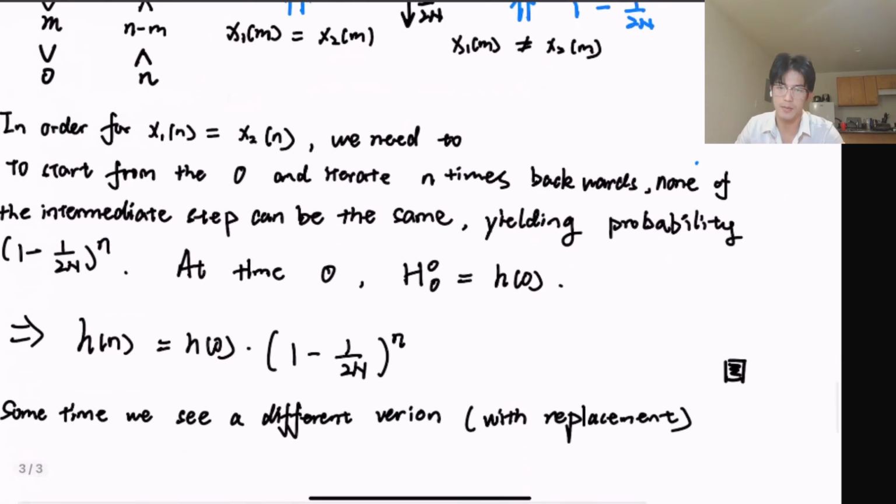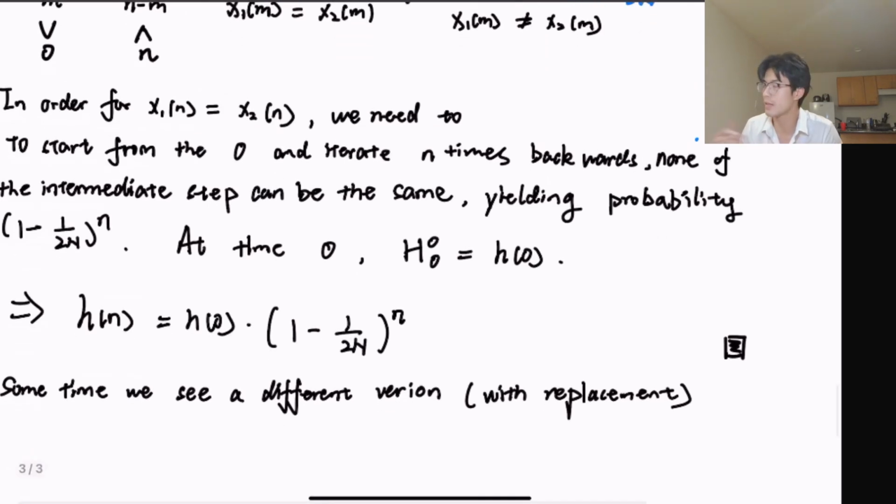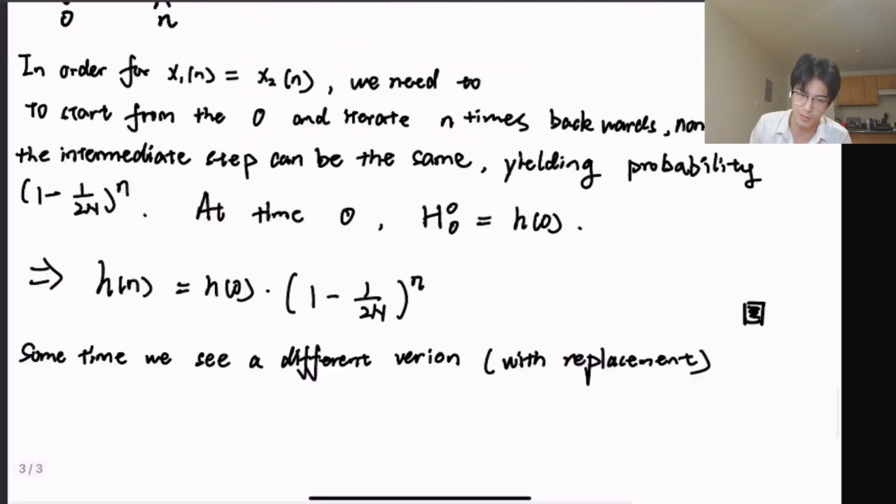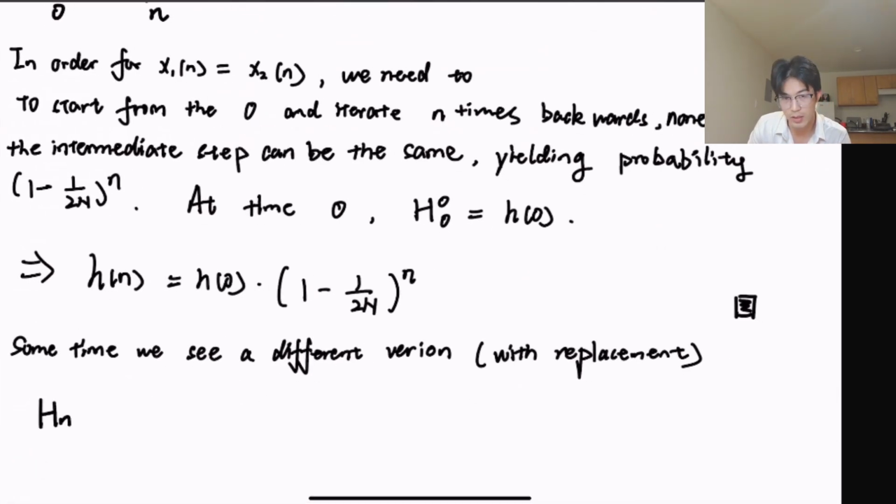Sometimes, if you have already seen this before, you may say, hey, this is not how it's defined. We define it with replacement. So this is actually a more common version of heterozygosity. But the book writes the previous version because, probably, Professor Drew wanted to show this kind of non-conventional proof of expectation.